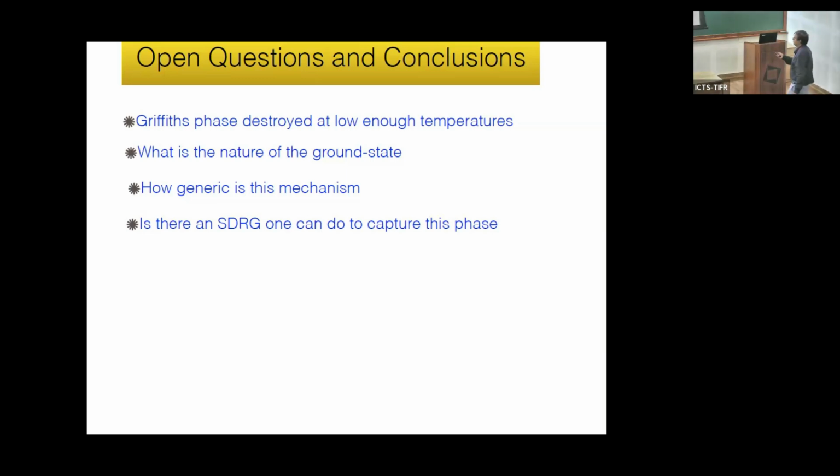This is something which we plan to do at some point, but we have not started doing it. So the question is, how universal is this sort of behavior? That's an open question which we are trying to address. Thank you.